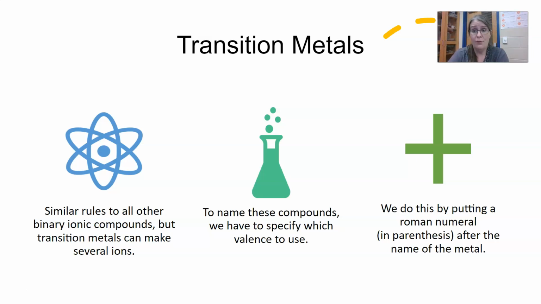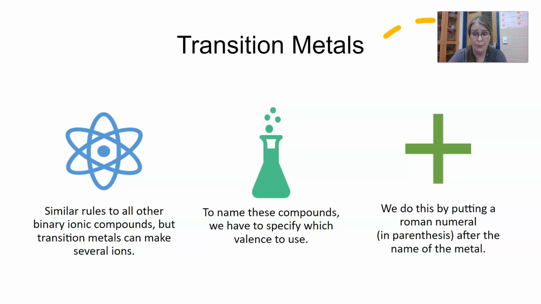But if I form iron 3 oxide, because of the different ratios needed to balance the charges on that compound, iron 3 oxide is rust. It's brown, it's flaky. It's not the same at all. So we really need to tell the reader which transition metal ion we're dealing with.